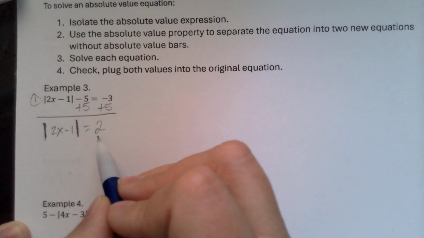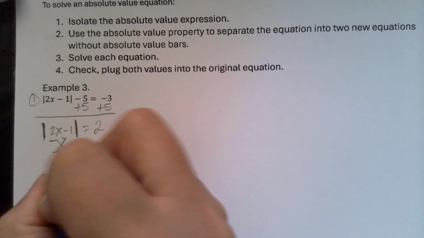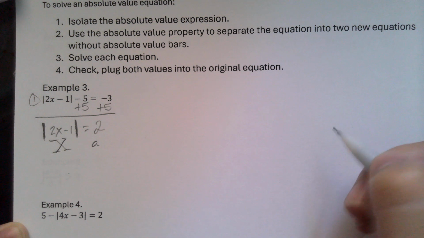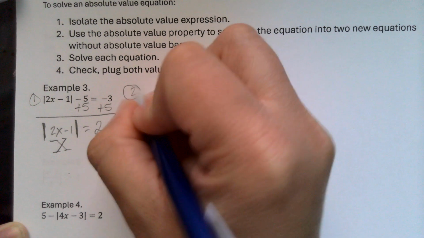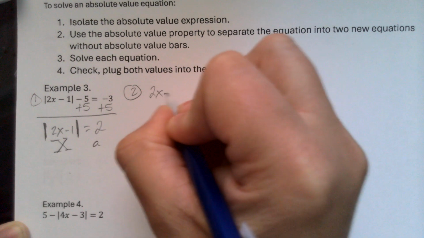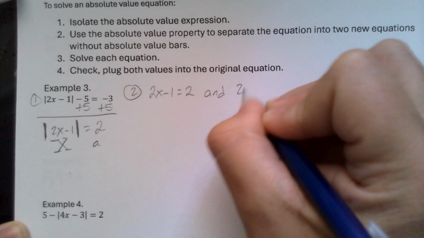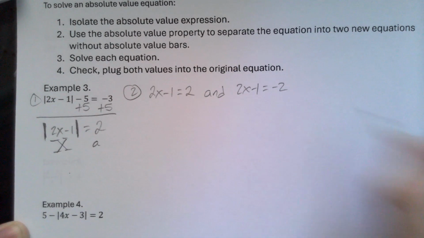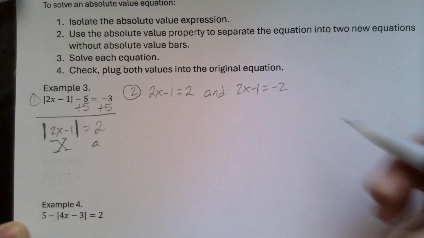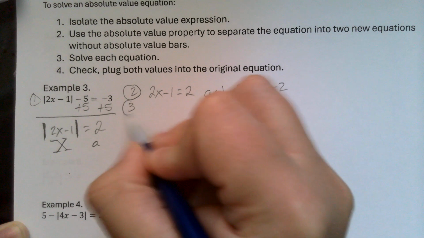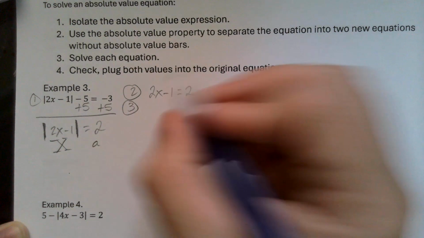We are equal to a positive a value. So this is our algebraic expression, and this is our a. We meet our rules, so that means we can make this into two equations. We get 2x minus 1 equals 2. Notice no absolute value bars. And 2x minus 1 equals -2. Again, no absolute value bars. We're then going to solve for x in each equation.